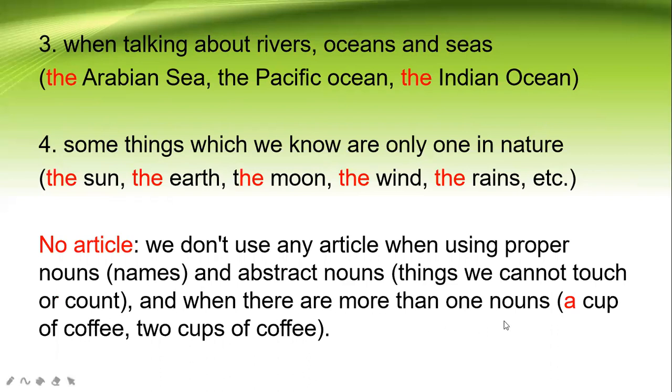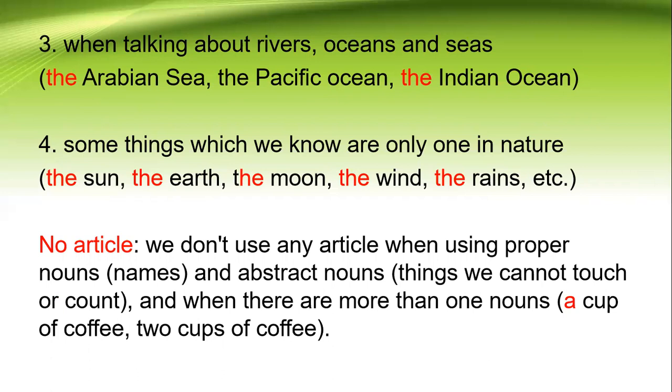And when there is more than one noun. Now, a cup of coffee. Here, coffee is a noun. So that is why we have to indicate that we only are going to take one cup of coffee. Here, instead of one, we say "a". That is why earlier I had said that the articles indicate a specific quantity. What is quantity? Quantity is number of something.